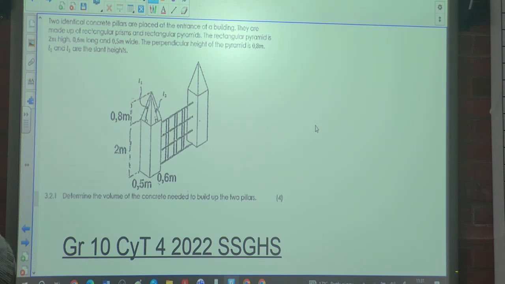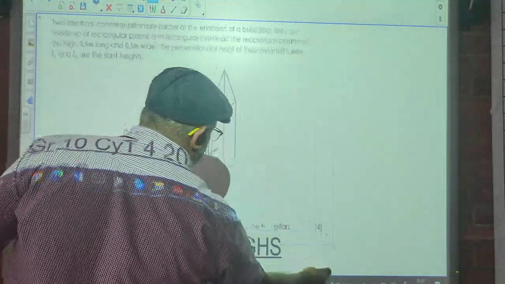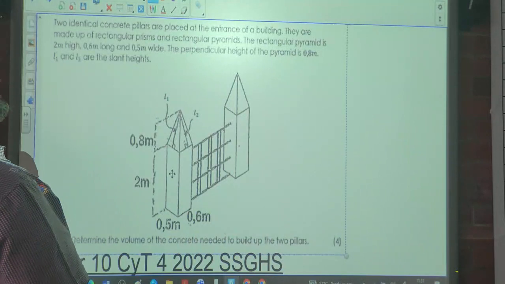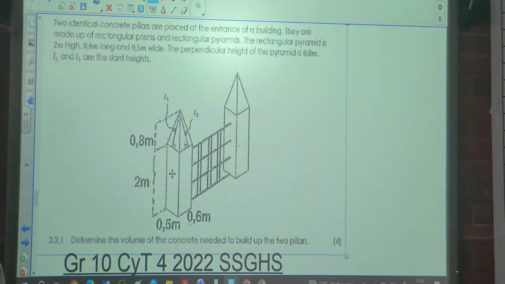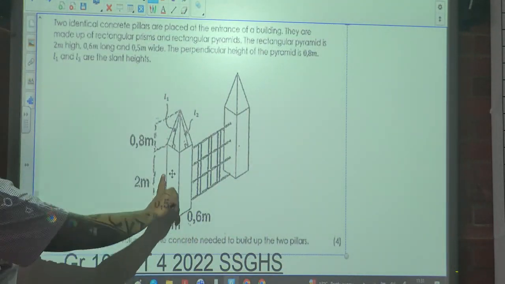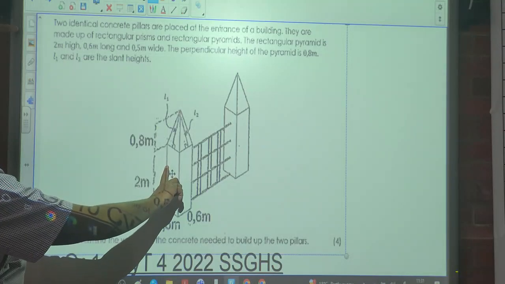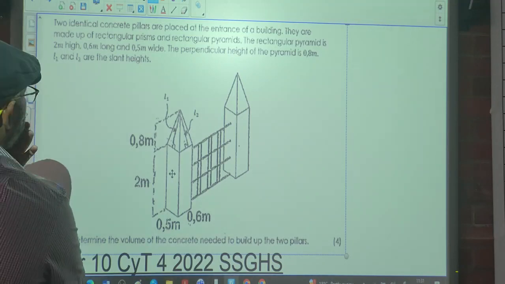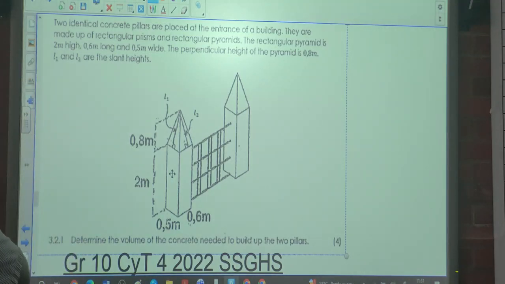Let's make it a bit bigger for the recording purposes. So the rectangular pyramid is 2 meters high, 0.6 meters long, and the perpendicular height of the pyramid.